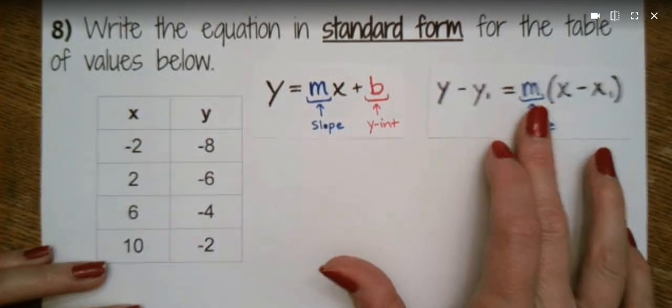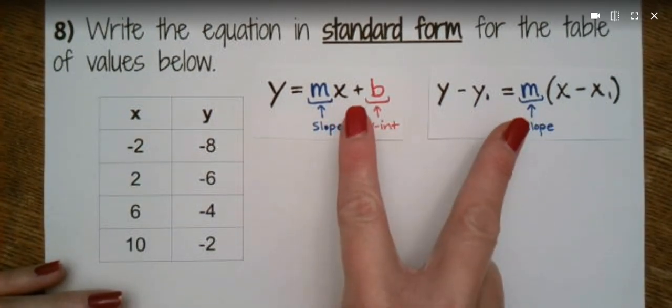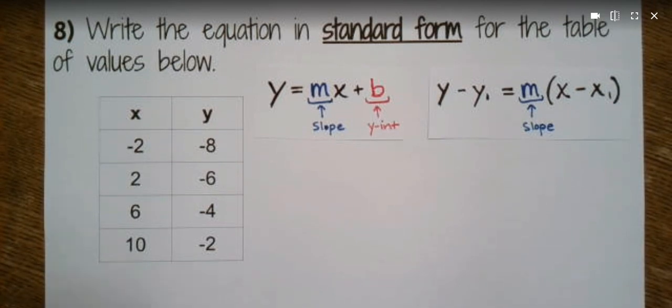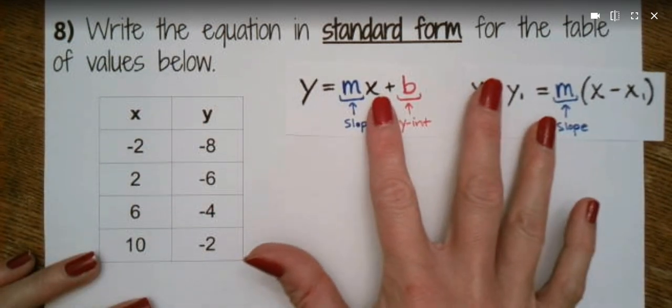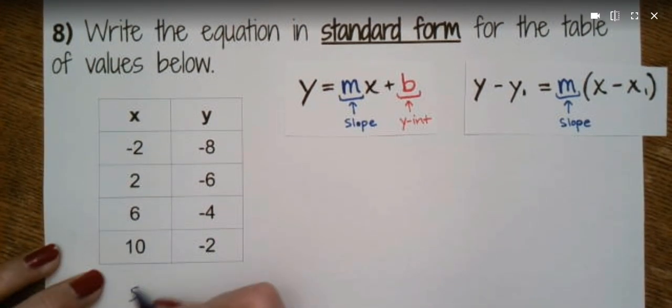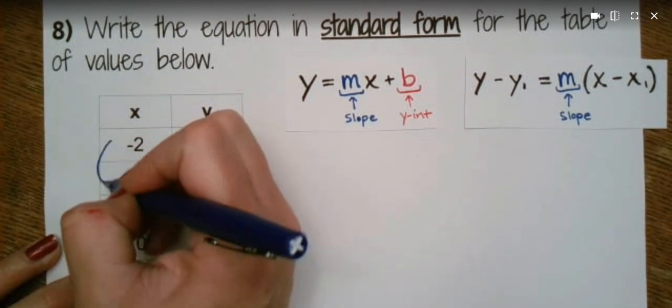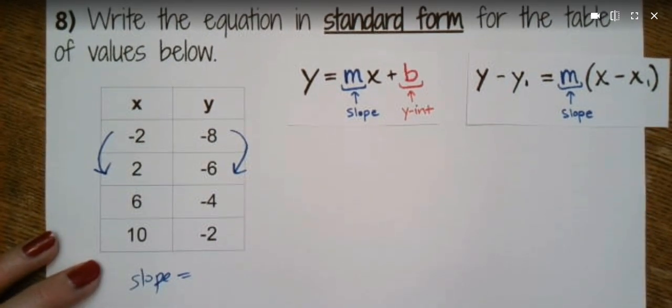Okay, which one would make the most sense? Well, no matter which one you pick, you need to find the slope. And we don't know that. So we're going to have to find that regardless. So let's first find the slope. And remember, to find the slope, we find the change in y over the change in x when we're looking at a table.